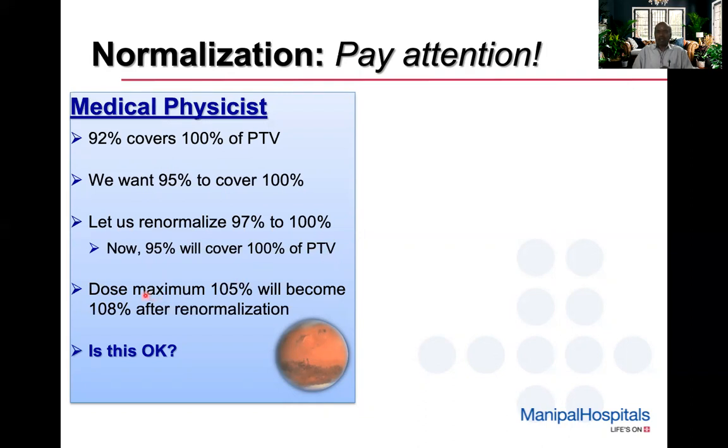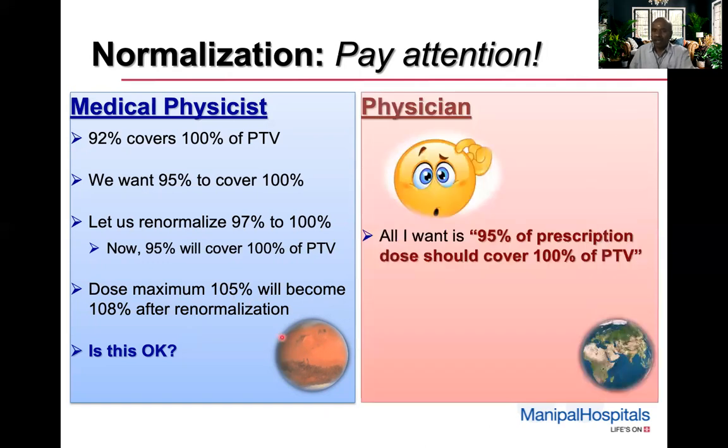Well, the only thing is that the dose maximum, which is now 105%, will become 108% after renormalization. Is this okay? Now, the physician will definitely get confused. He would say that all I want is that 95% of the prescription dose should cover 100% of the PTV, because they are in two different worlds.